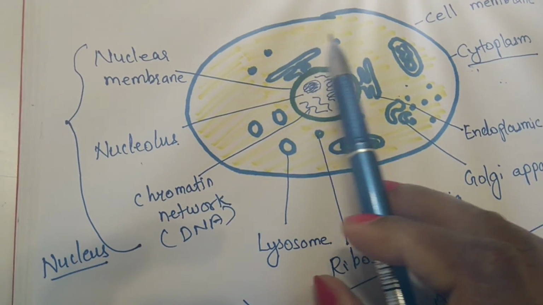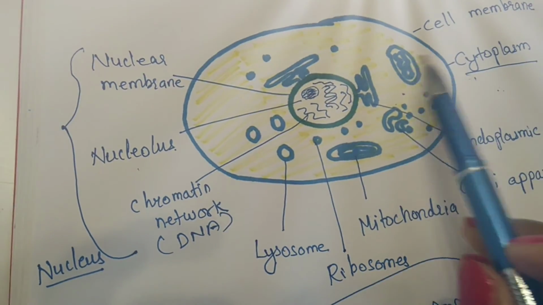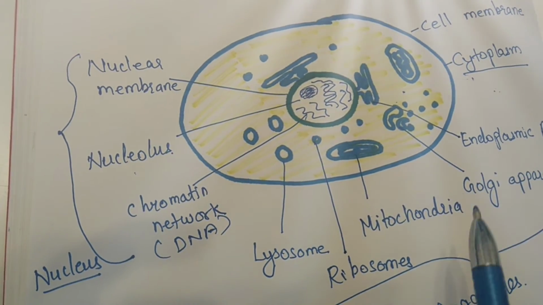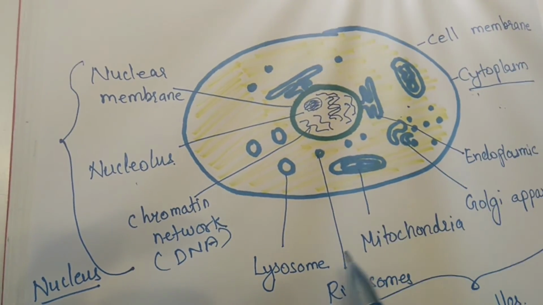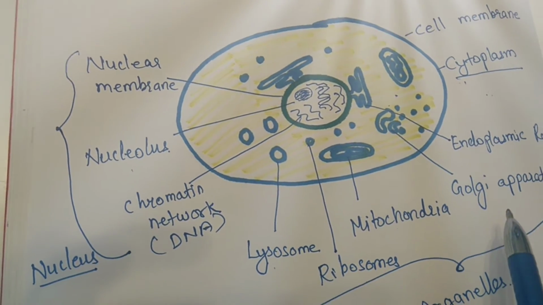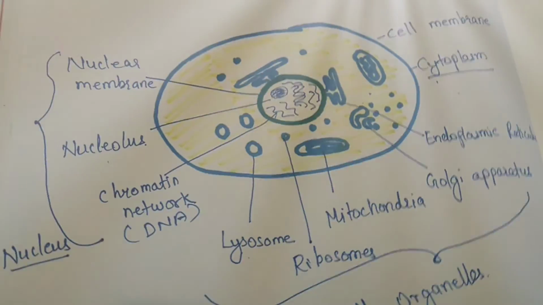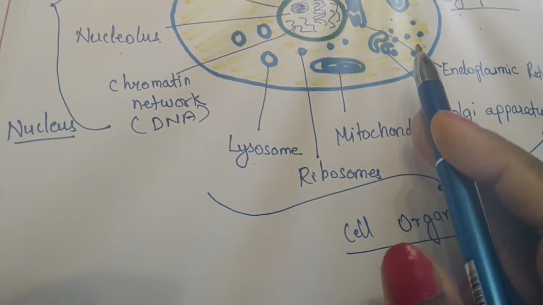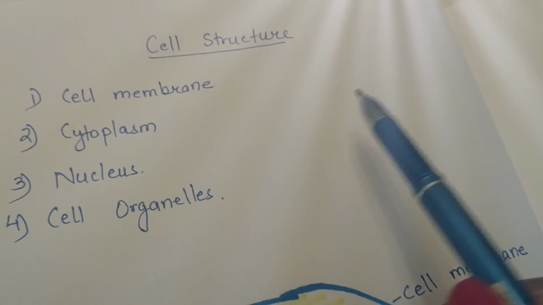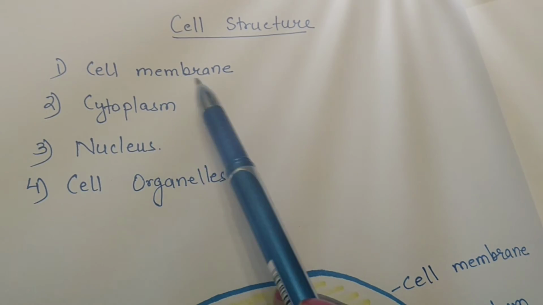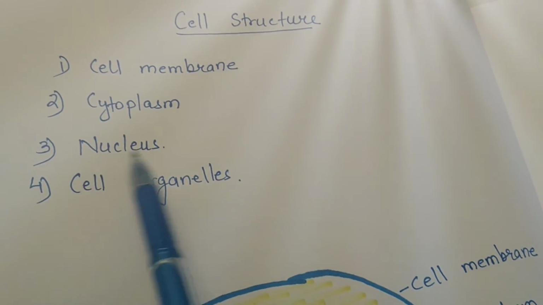And apart from this, the cell is fully filled with many cell organelles which have different functions like lysosomes, ribosomes, mitochondria, endoplasmic reticulum, and Golgi apparatus. So all this forms the cell organelles of the cell. Understand the basic structure of the cell, which contains cell membrane, cytoplasm, nucleus, and cell organelles.